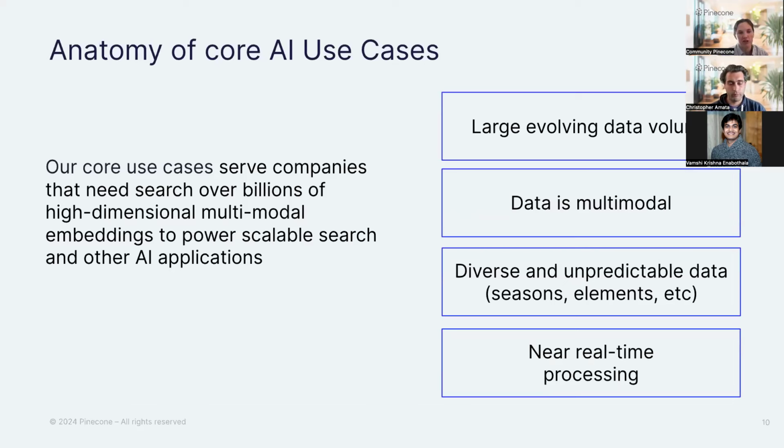We barely touched the surface with that big list on the previous slide, but bringing it back to Pinecone and these classification and labeling use cases, we tend to see these four characteristics, or these four buckets of features, with the top AI use cases that we work with at Pinecone. So I don't know, Chris, if you have anything else to add to this.